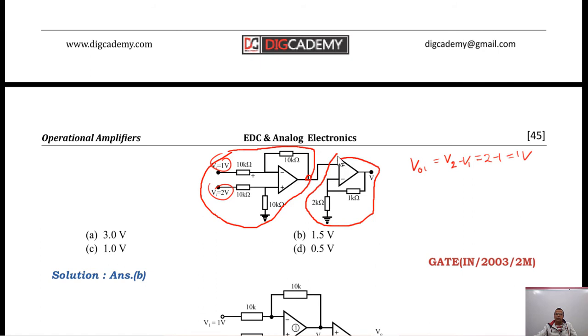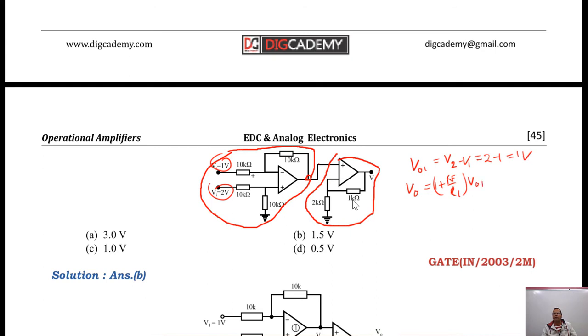So if you consider that, that is nothing but input to this non-inverting configuration. So the output of non-inverting configuration is what? Output of non-inverting configuration is given by 1 plus RF by R1 into input to the non-inverting configuration, that is the output of the first stage.